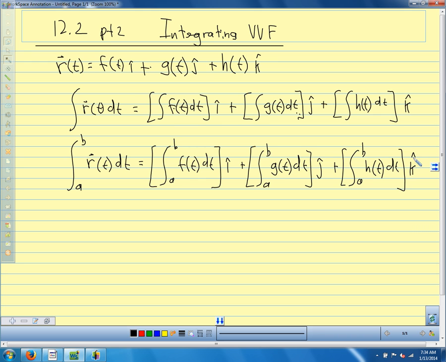Now, one thing we have to be careful with vector value functions is when we perform an indefinite integral, what do we always get? Plus c. But here, because we're dealing with a vector value function, our constant of integration is a vector.